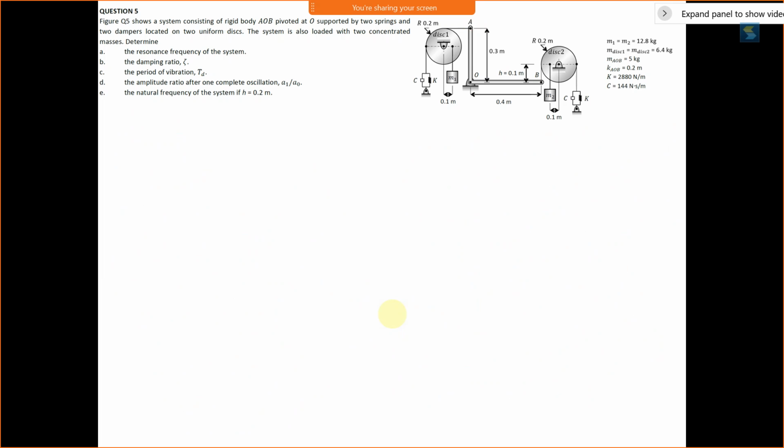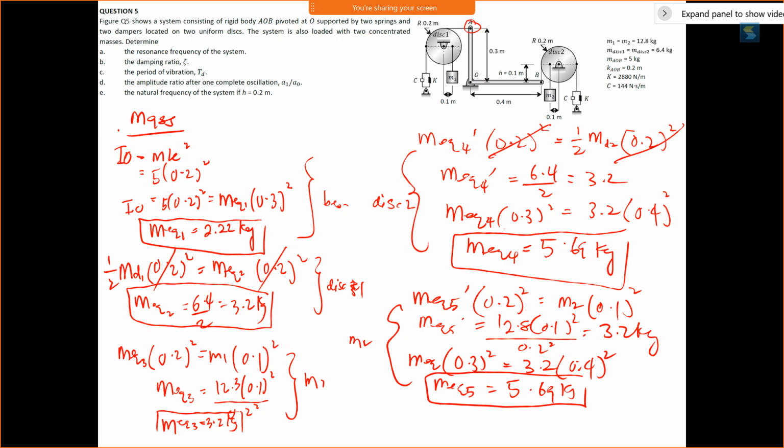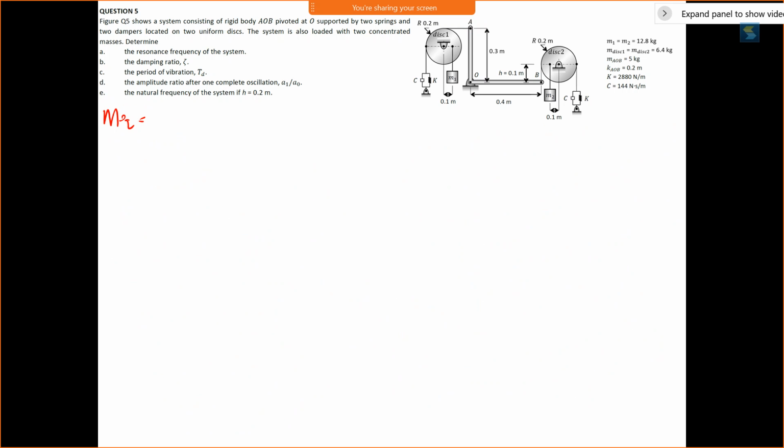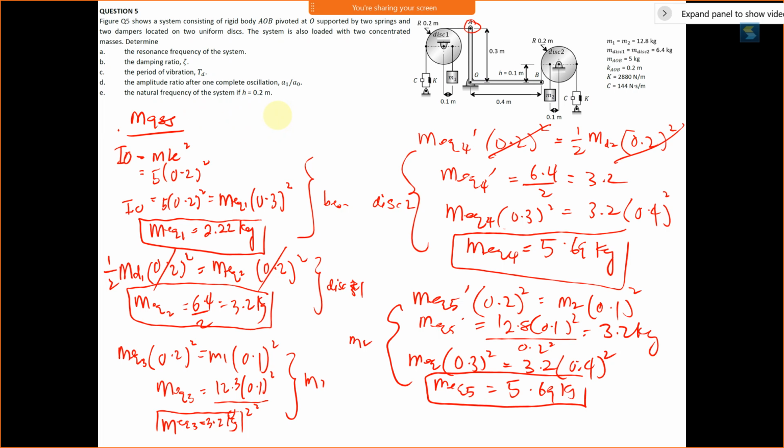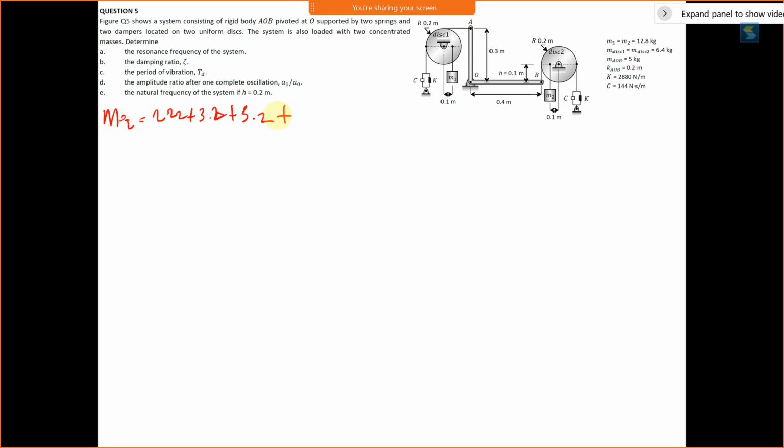So once we get all of them, then our M equivalent equals 2.22 plus 3.2 plus 3.2 plus 5.69 plus 5.69 again.